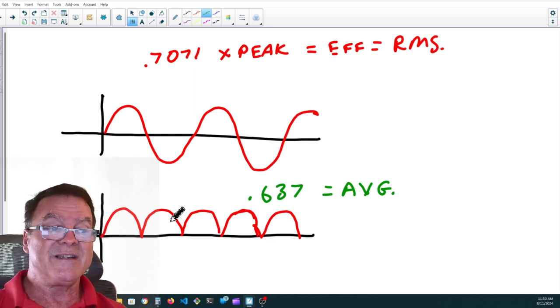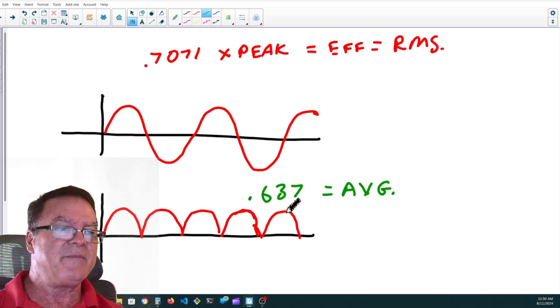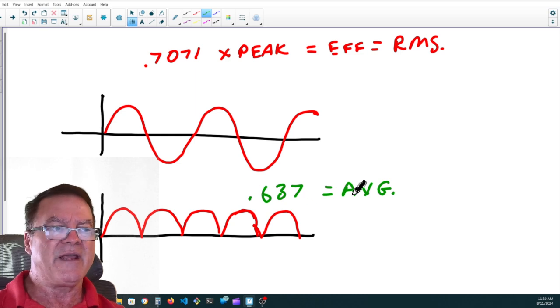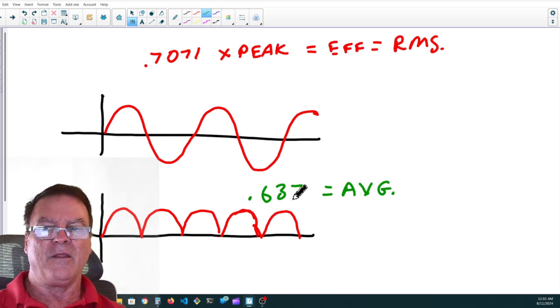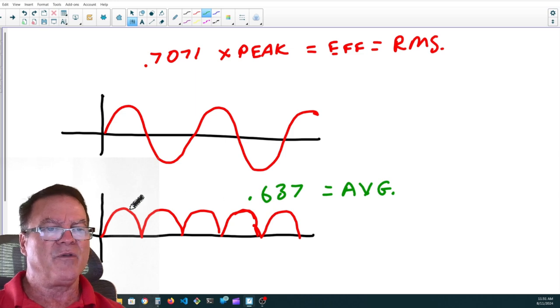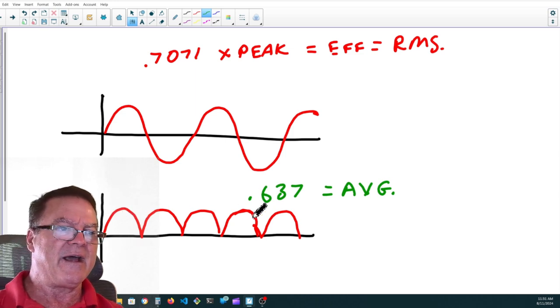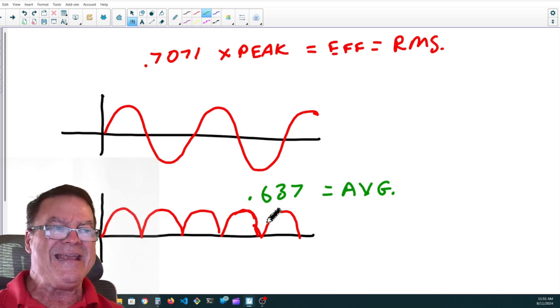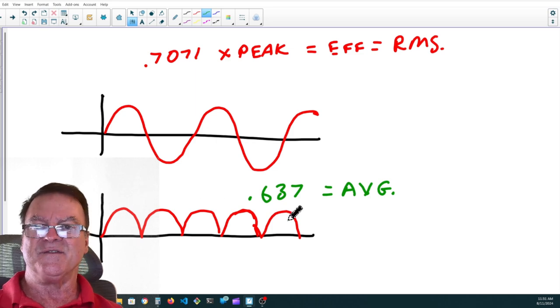So when we convert to DC, when we turn all of the negatives over and make them all go in the same direction, it's pulsating DC, we're only going to get the average value, 0.637. That confused me for a while when I was an apprentice, why we had effective and average, and they were both a way of figuring out the mean of these values.